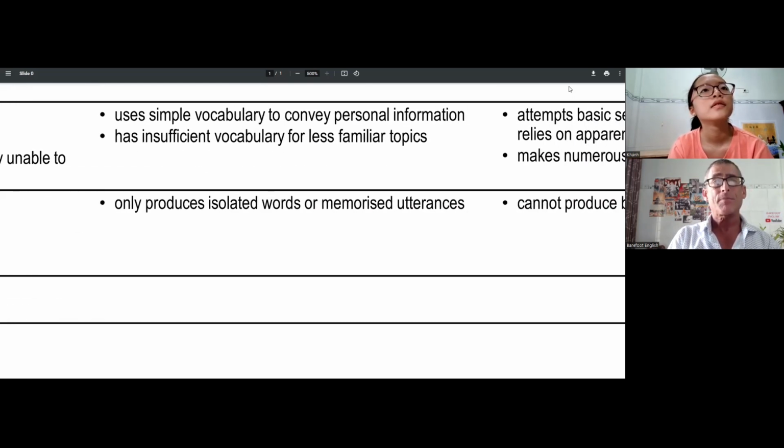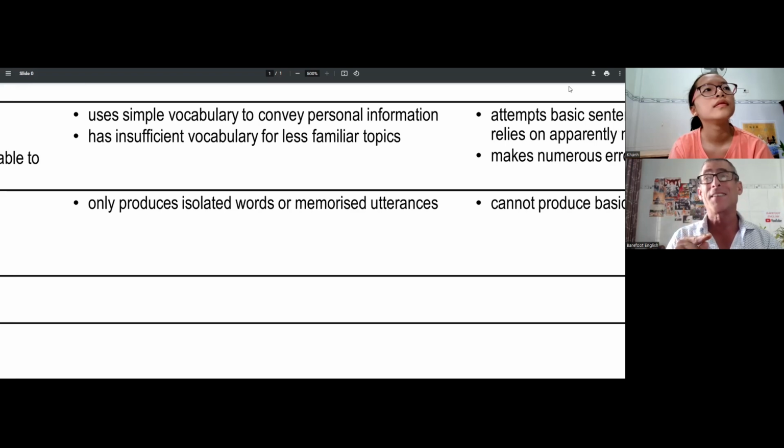Now, we talked about this yesterday briefly, not on a video, but under the use of lexical resource, of vocabulary. Could you read that for me? Only produces isolated words or memorized utterances.